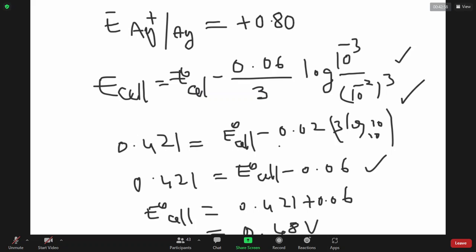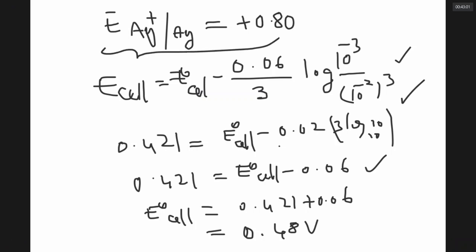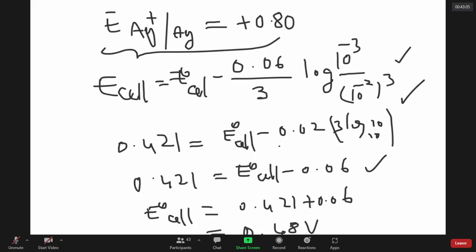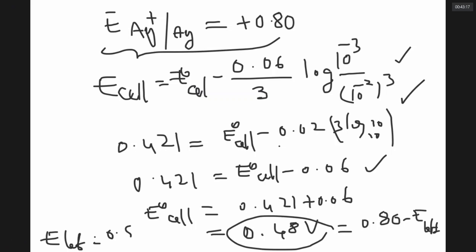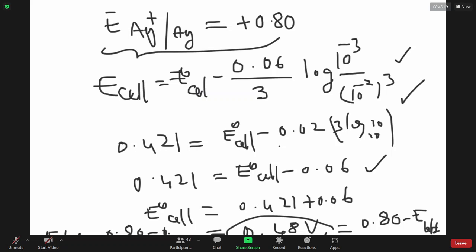Now, the silver is the gainer and the other electrode is the loser. So I know that E0 cell is equal to E right minus E left. They asked me what is E left. E left is equal to 0.80 minus 0.48. It is equal to 0.32.